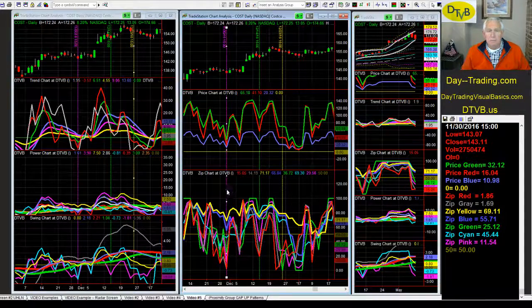If you've heard me say before, when Zip Gray goes under Zip Red, it has a tendency to bounce, reverse back up in a stronger fashion. But that primarily is with the condition that in 1 or 2 days it drops very strongly, like 50, 60, 70 points.